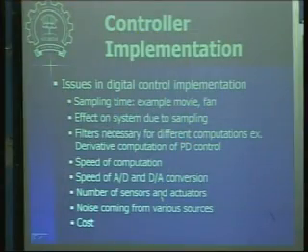Then, number of sensors and actuators. If you have a large number of sensors and actuators, your amount of processing is going to increase, filtering and all other things. And then noise, as I mentioned, and finally the most important is the cost.